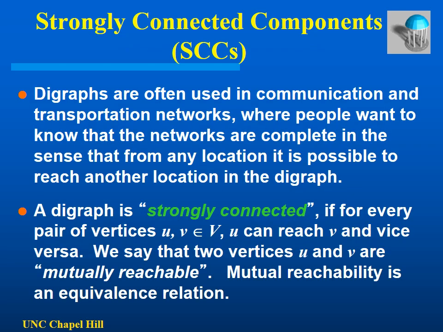Let us remind ourselves what a strongly connected component is. It's a collection of nodes in the graph such that there exists some path, not necessarily a direct path, from every node in that cluster to every other.